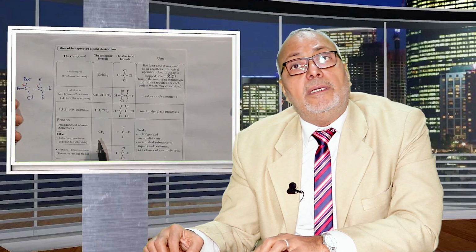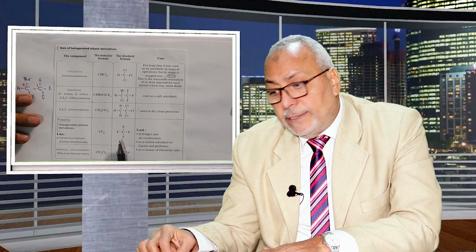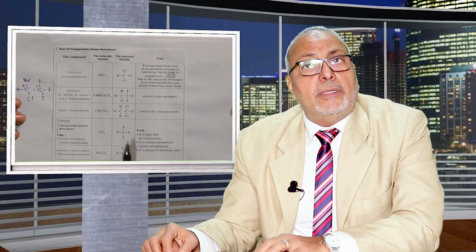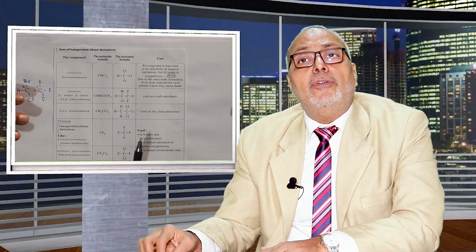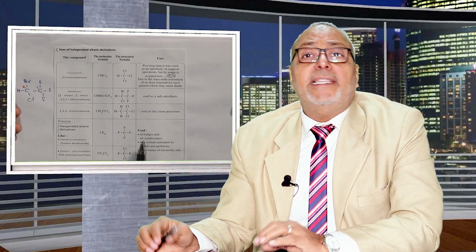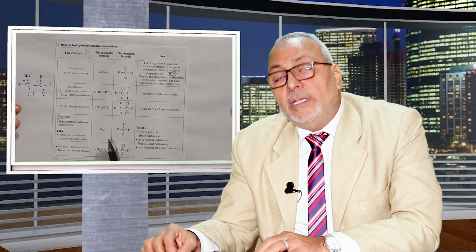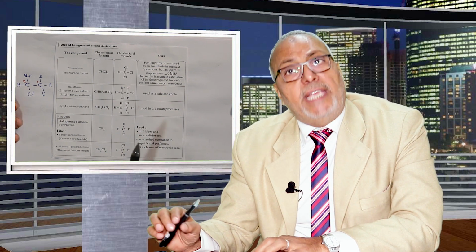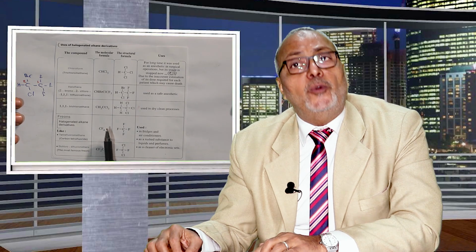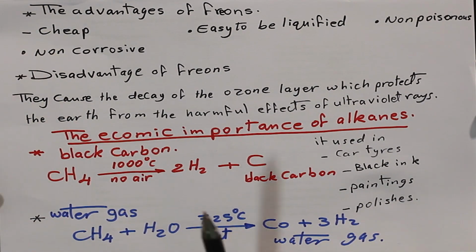Freons are used in cooling systems, in refrigerators and air conditioners, because they are low price and non-corrosive to metals, and we can liquefy them and they are not poisonous. But they have a disadvantage because they cause decay of the ozone layer, so we have a protocol to stop using freons.